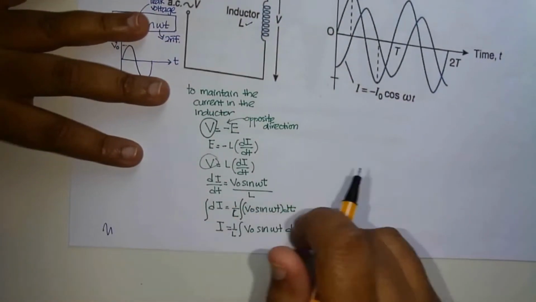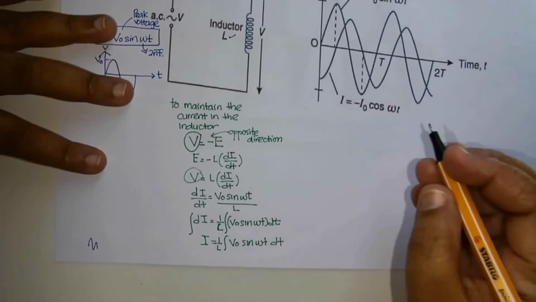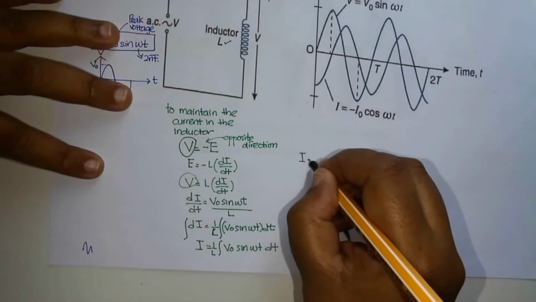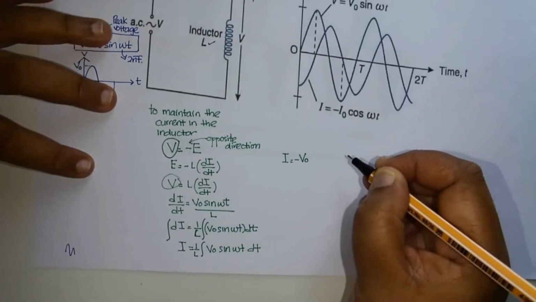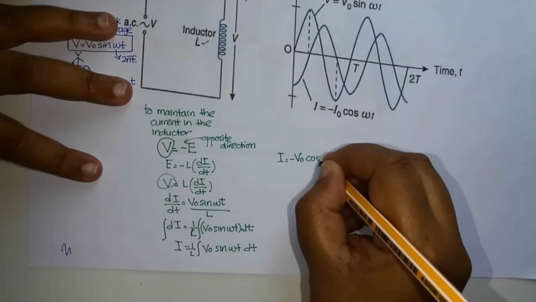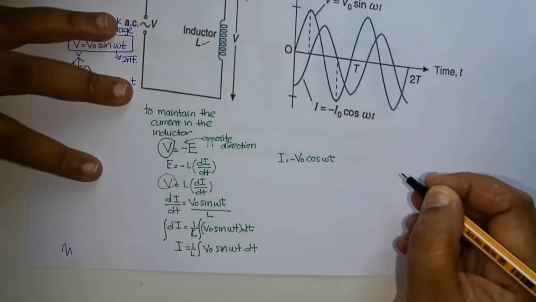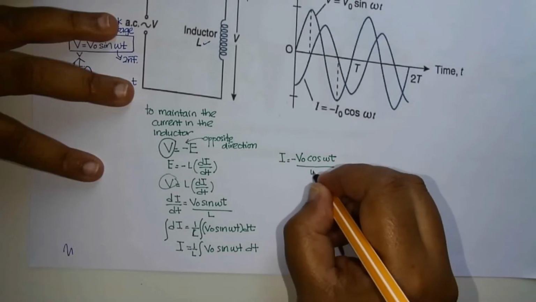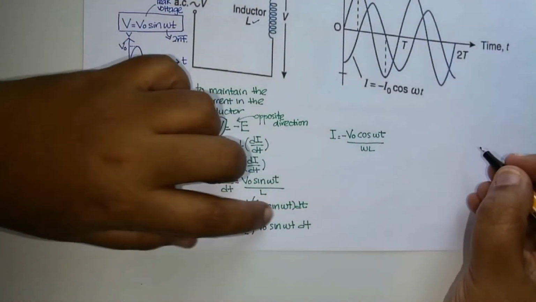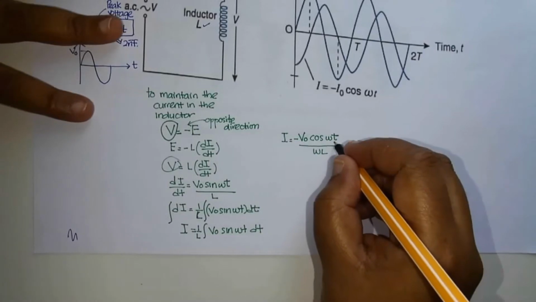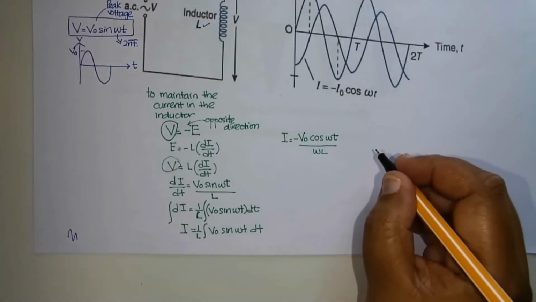Once we integrate this, we get negative V0 cos omega t divided by omega L.